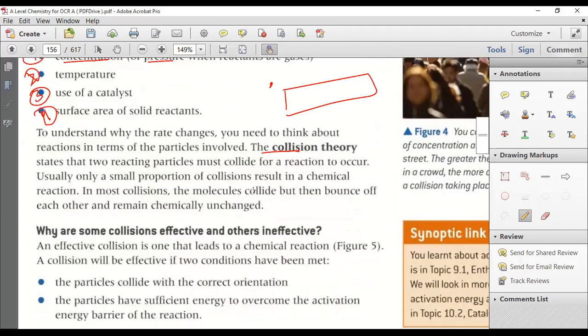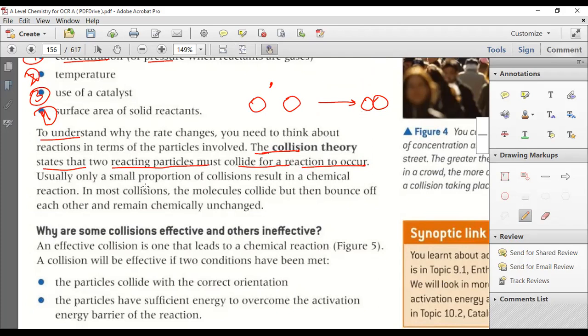Now to understand why, the collision theory states that two reacting particles must collide for a reaction to occur. Suppose these are the two particles. For a chemical reaction, these particles should collide. If they collide, then only there will be a chemical reaction.